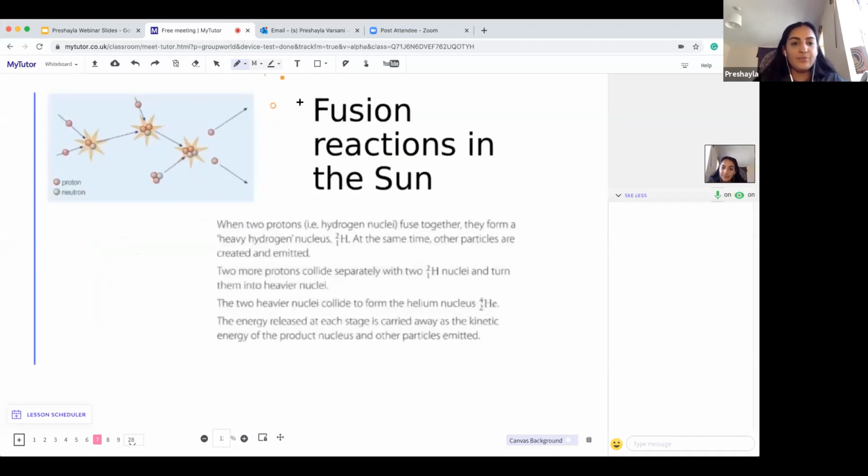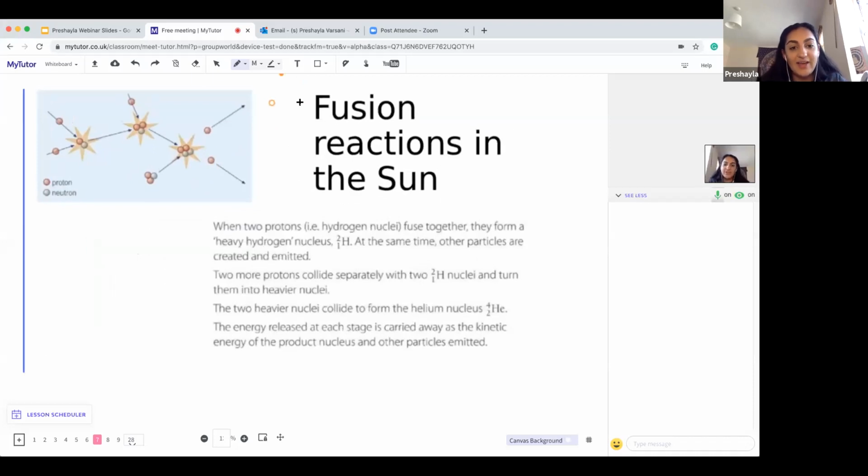Okay, so fusion reactions in the sun then. We know that the sun and stars constantly fuse hydrogen, two protons together, and they form a heavy hydrogen nucleus. So hydrogen looks like this.